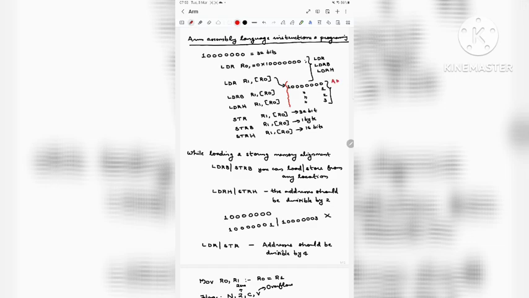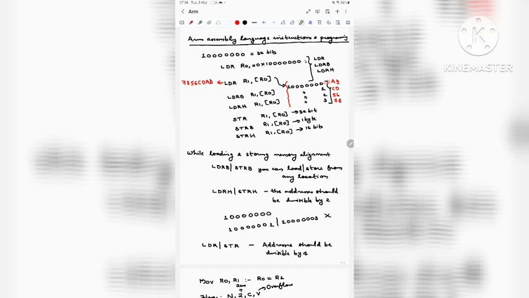Suppose the values are AB, CD, 56, 78. Now when you do LDR R1, bracket R0, the value that will be loaded to R1 will be 78, 56, CD, AB, assuming this follows little endian format. What do we mean by little endian format? The lower address corresponds to the lowest byte.